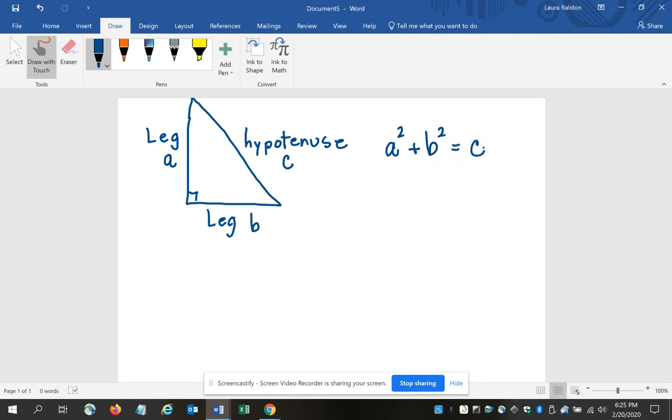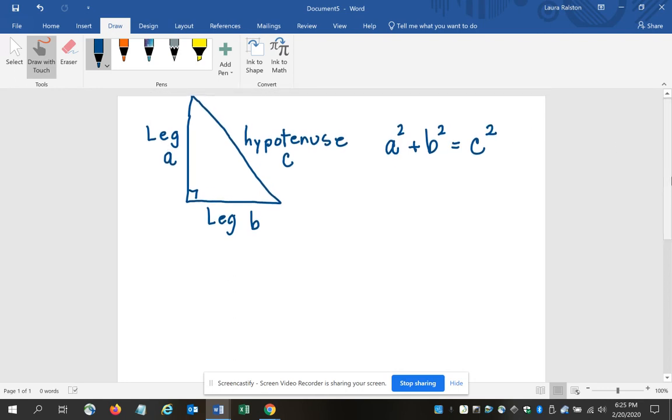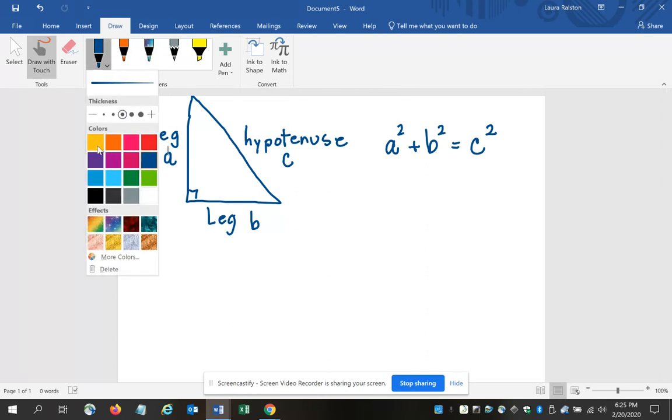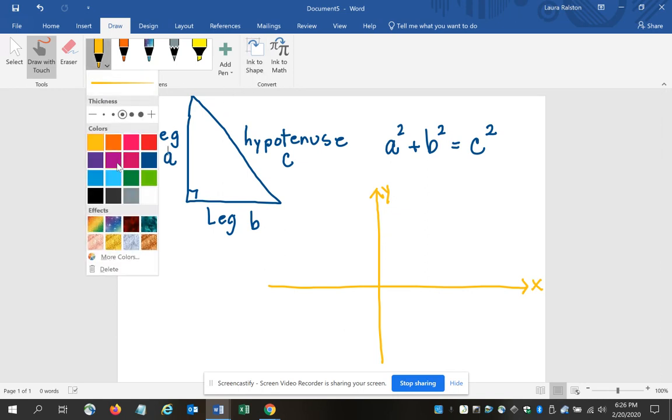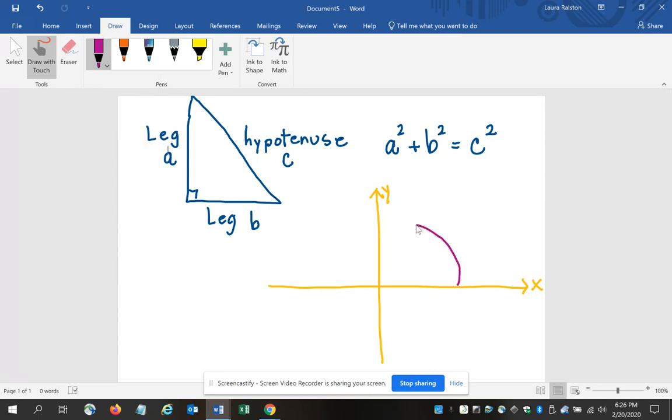Well, if we take that idea of the Pythagorean theorem and think about it with respect to the unit circle, which is on our coordinate grid, I'm going to draw one on there, so give me just a minute. So you have your unit circle, a little lopsided, sorry about that, but you get the idea.